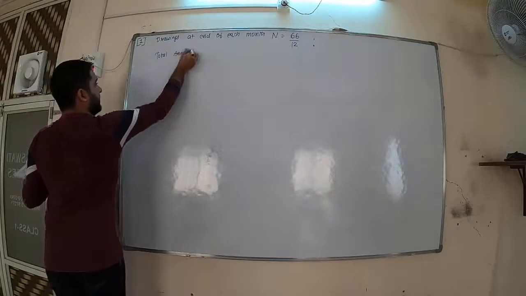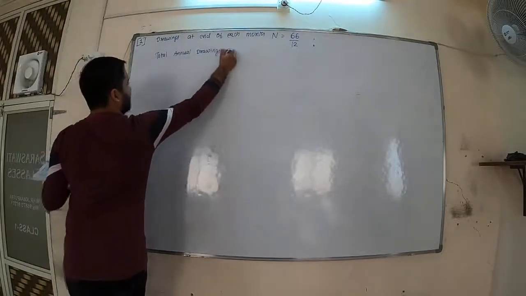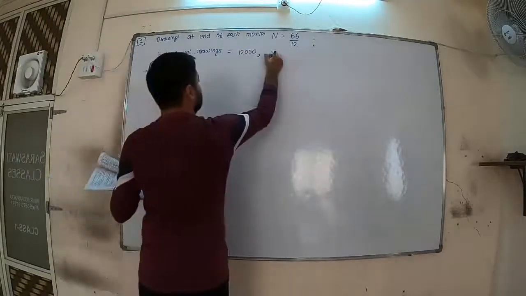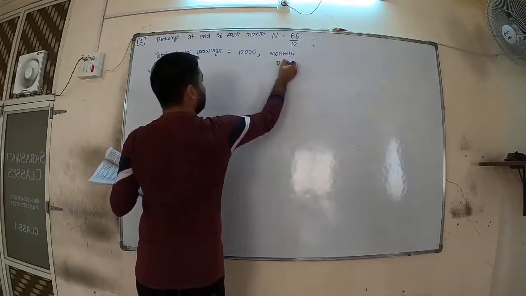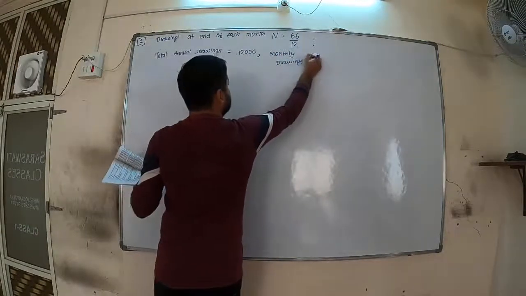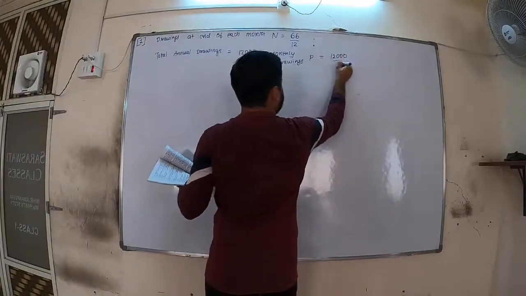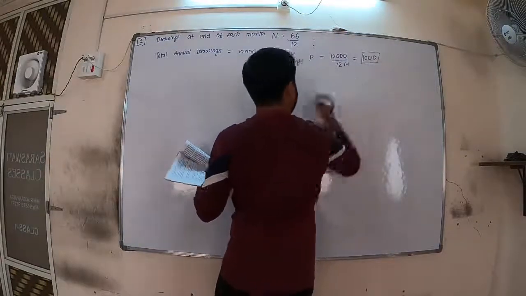Total annual drawings is 12,000, monthly drawings, that is P is equal to 12,000 divided by 12 months, so 1,000.